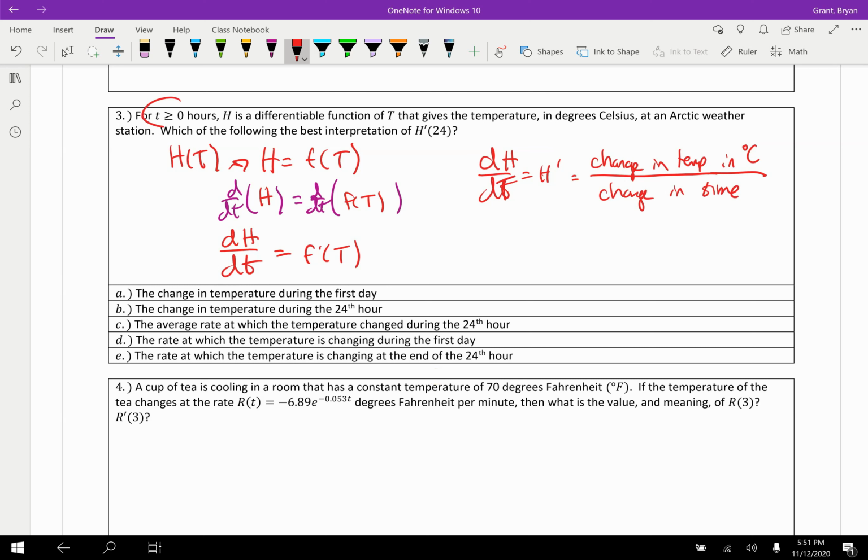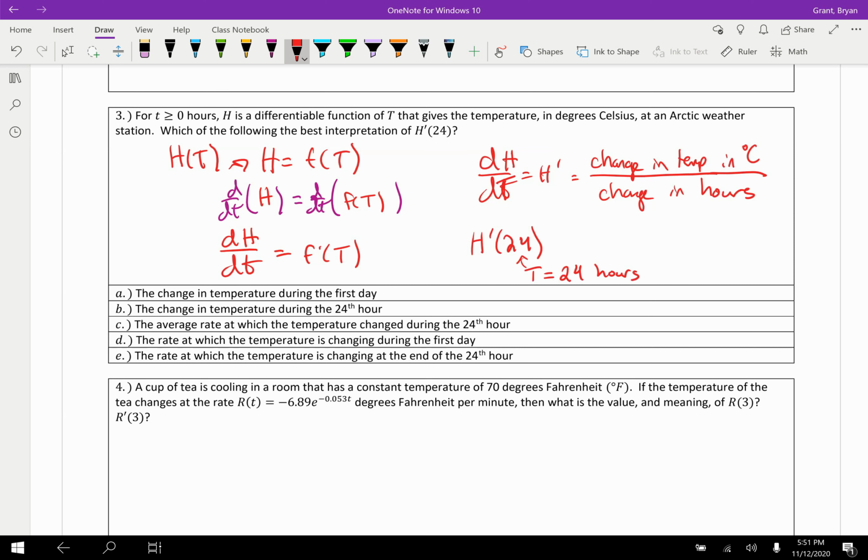All right. Oh, and there they tell us t is hours. I wish I could read a little bit better. Oh, silly me. Change in hours. All right. Now this one gets a little more specific because now they're saying, what is h prime of 24? Well, 24 is an input, and it's saying the time is 24 hours. Now we need to remember what we originally called a derivative.